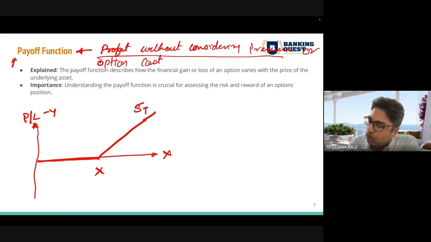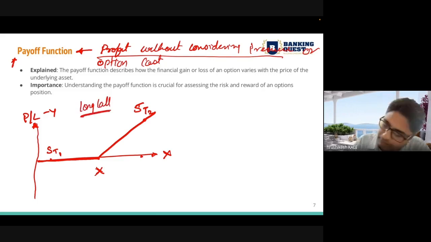ST is today's market price. So ST can be here also, can be there also. And this is the payoff diagram for a long call option.